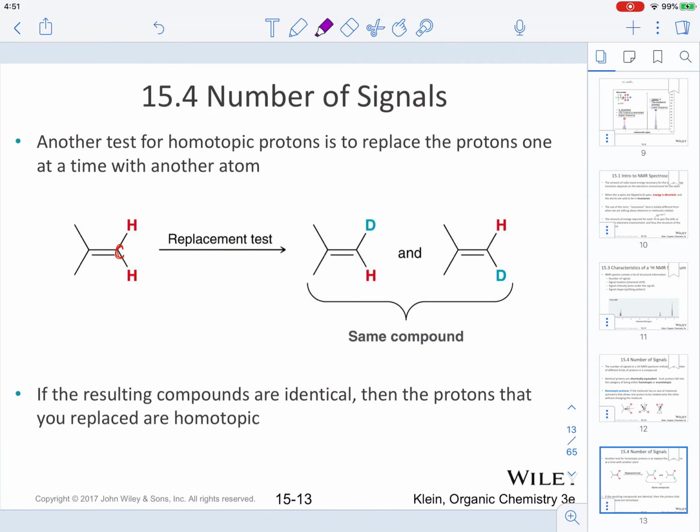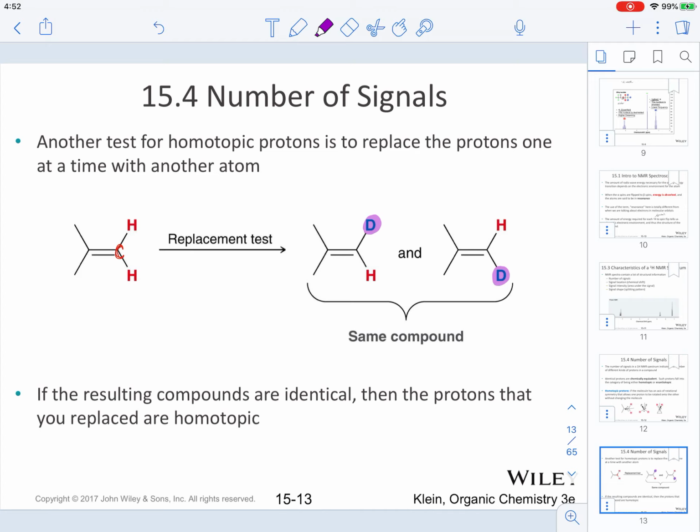As you can see, an atom is placed in the position of the proton, and then you're also going to write, as a pair, the replacement of the second proton, and then you're going to be comparing both molecules. If you notice that the resulting compound is identical to the first, then that means that the protons that you replaced are going to be homotopic.